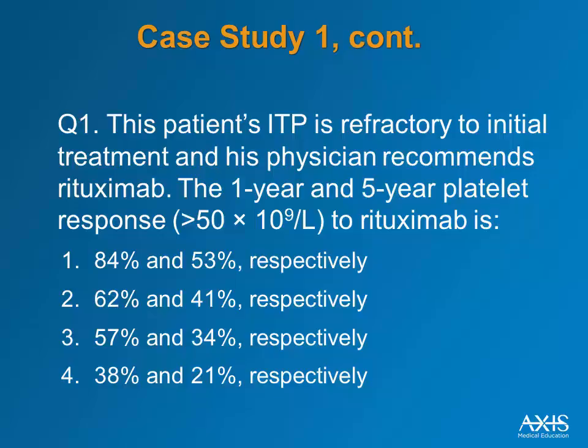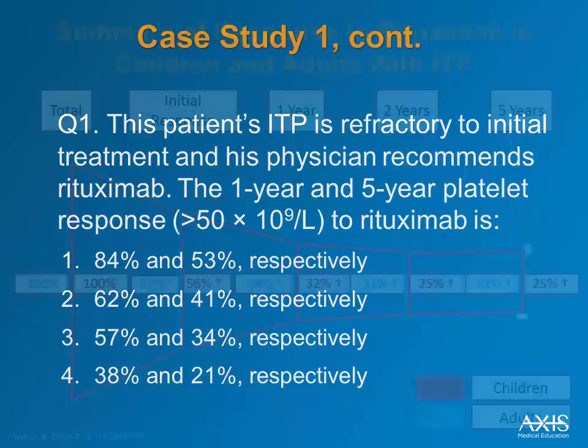Or an initial response of about 62%, with a response of around 40% at 5 years? Or an initial response at 1 year, and I'm calling that initial, meaning the response at least 1 year, at 57%, decreasing to about 34% at 5 years, or 38% and 21% respectively.